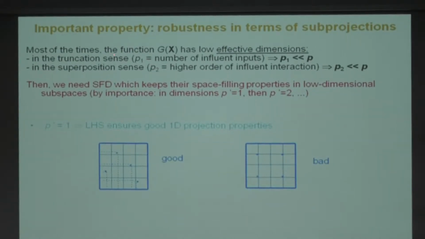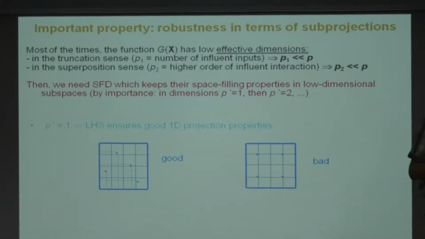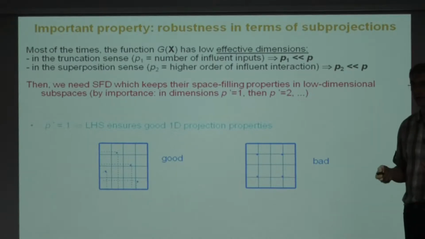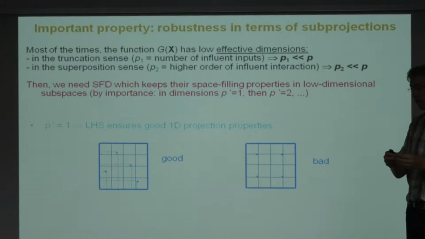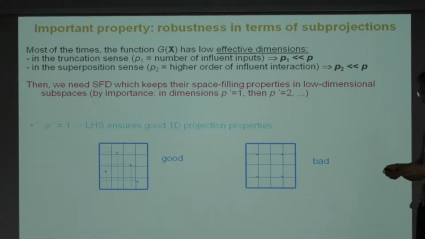I have said that, in fact, the function g, most of the times, is not of dimension p. Dimension p is the dimension of x, but we have defined what we call the effective dimension, which is the real dimension of the function g. The real dimension is that the function g depends only on inputs that are contained in x, but not on all the inputs.